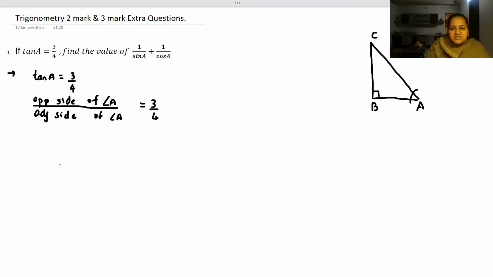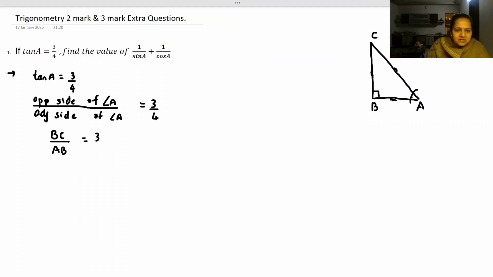Can you quickly tell me which is the side opposite to angle A? The side opposite to angle A is the side in front of angle A, so that will be BC. AC cannot be the adjacent side, that's your hypotenuse. BC is right in front of A, so that's the opposite side. So AB is going to be our adjacent side.